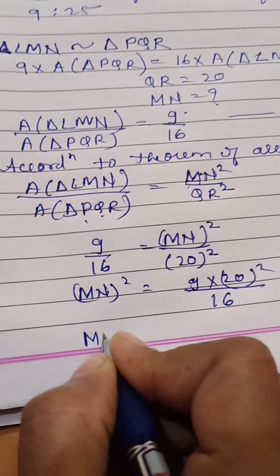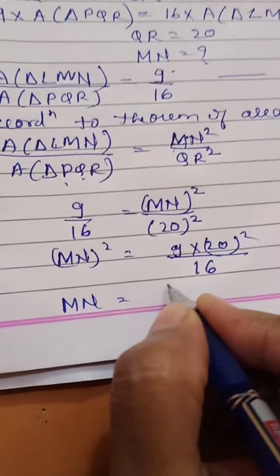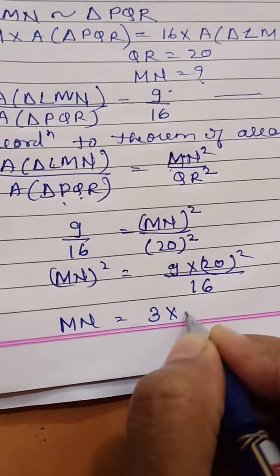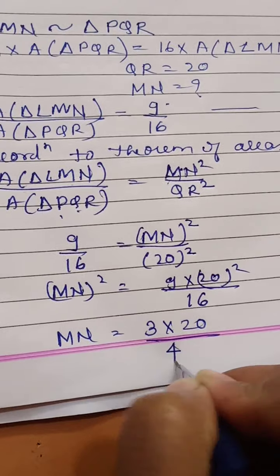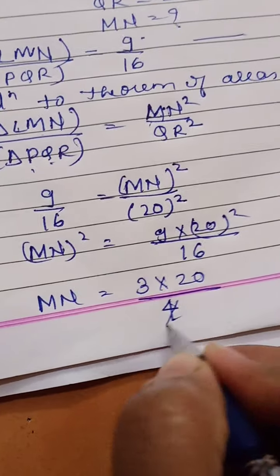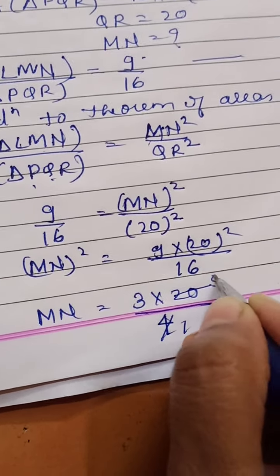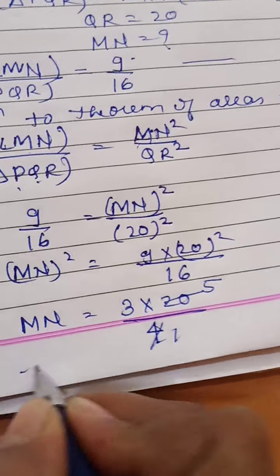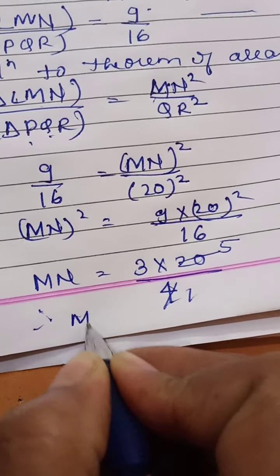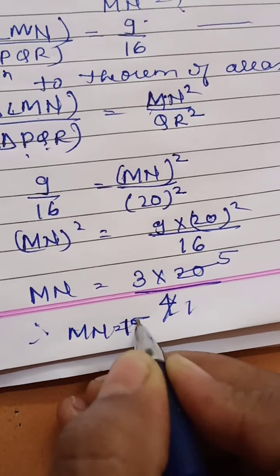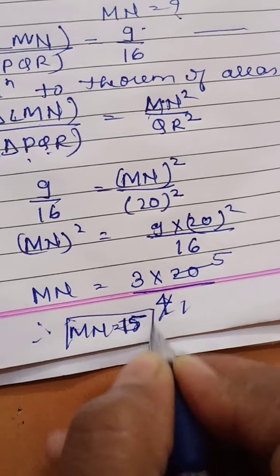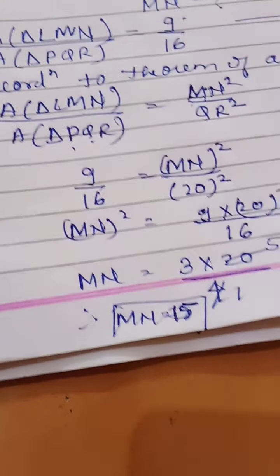Taking the square root, MN will be equal to, 9 is the square of 3, 20 will remain as it is, and 16 is the square of 4. So 4 ones are 4 and 4 fives are 20. Therefore MN is equal to 3 fives are 15. Therefore MN is equal to 15.